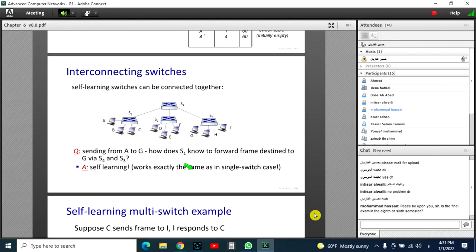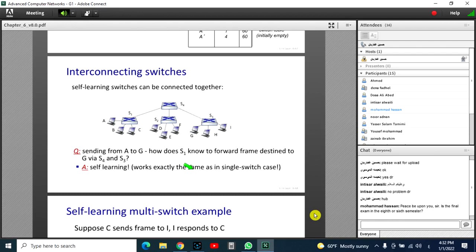Okay? But what will happen if we have a large network? For example, a university has different faculties, and each of those faculties has several buildings, and the buildings have several parts, for example floors, classes, rooms.